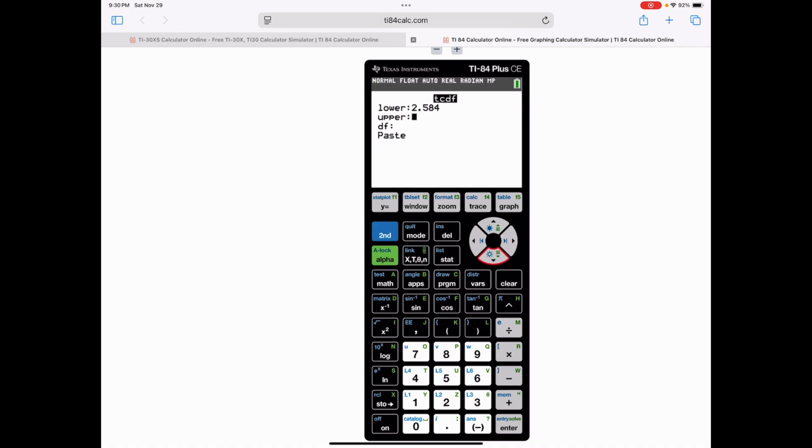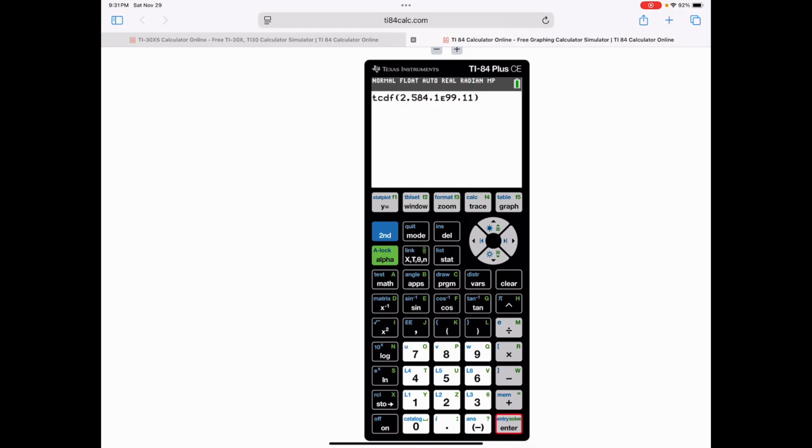Our upper value is going to be 1E99, and our degrees of freedom, well, n is 12, so my degrees of freedom will be 11, because it's n minus 1. We're going to paste that in. So that is what my t-CDF looks like.